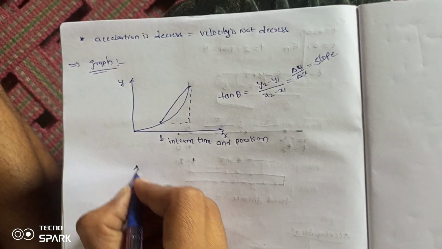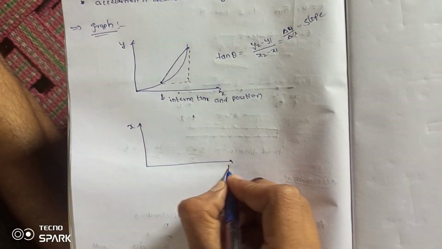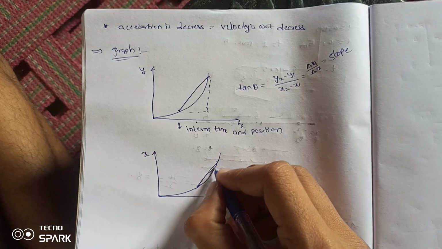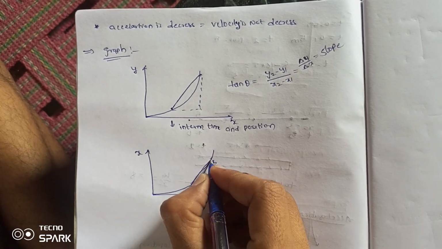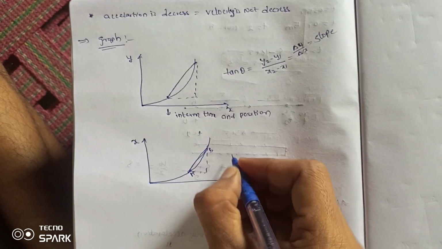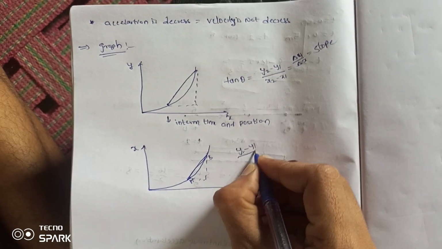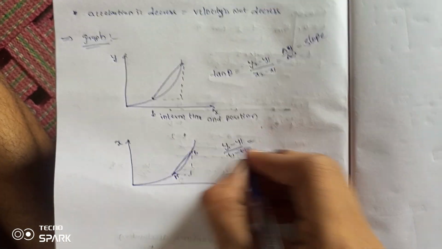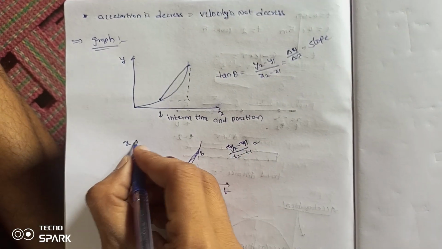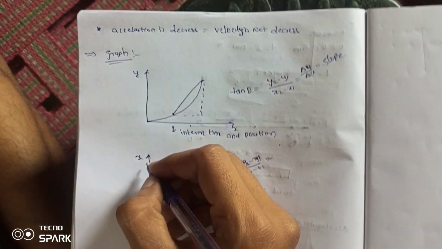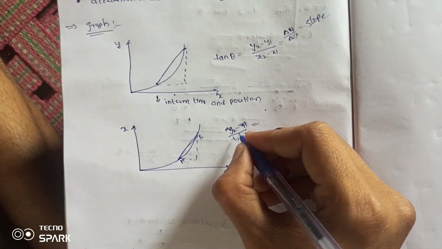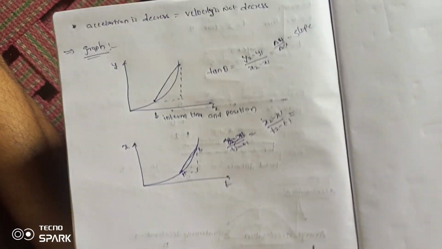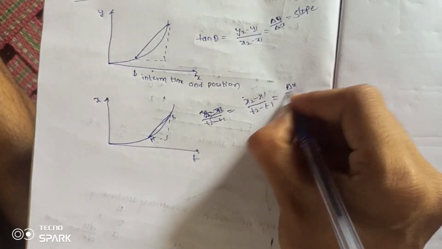I will draw position and time, and draw a graph from point A to B. It is y2 minus y1 by t2 minus t1. On the y-axis I take x position, so x2 minus x1 by t2 minus t1 equals change in position by total time.